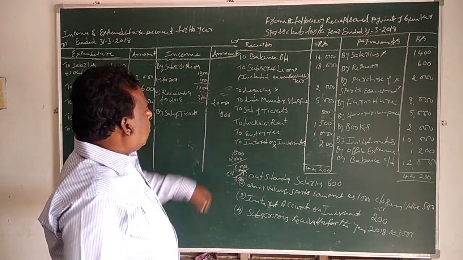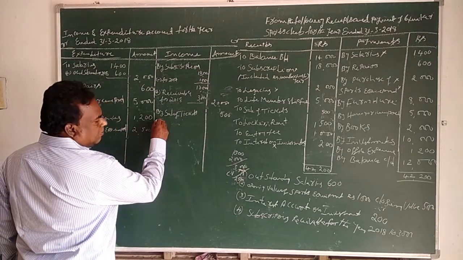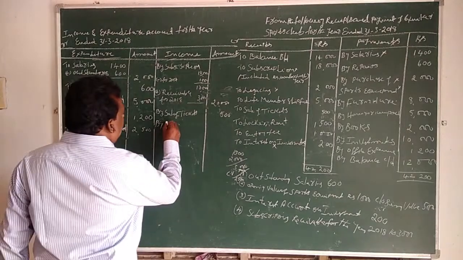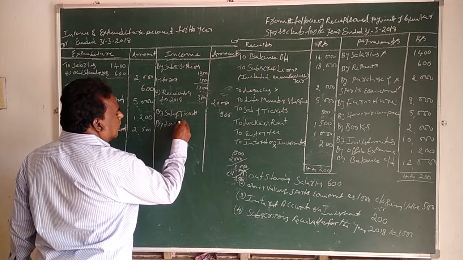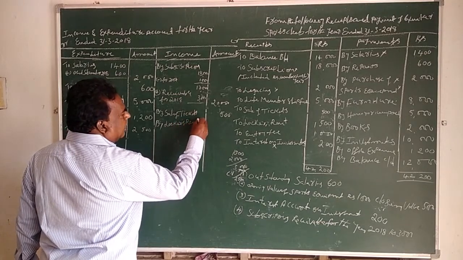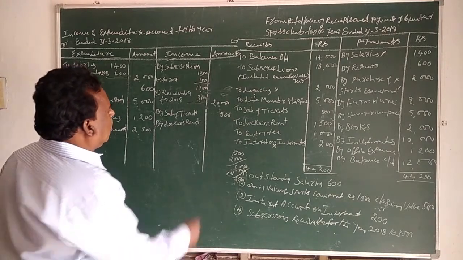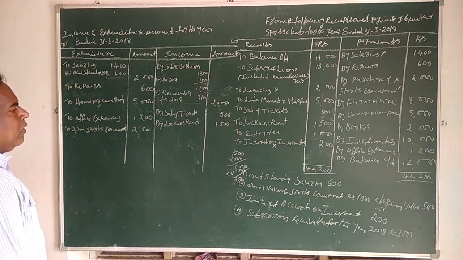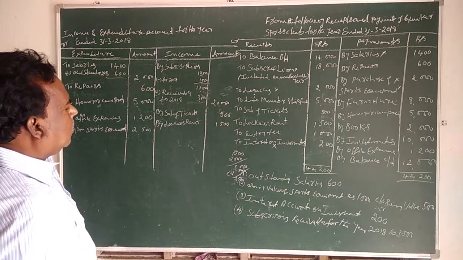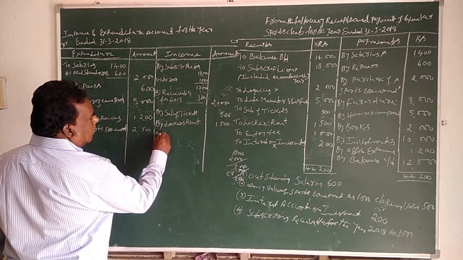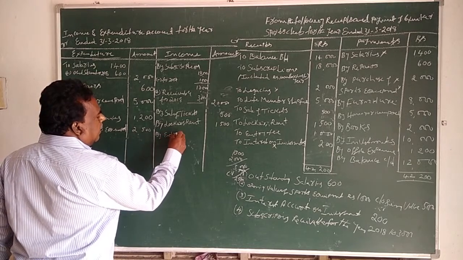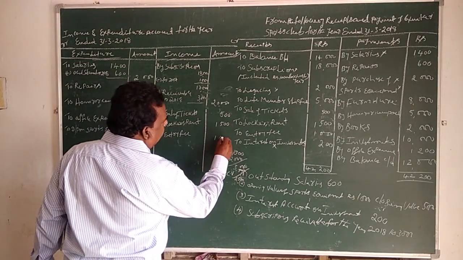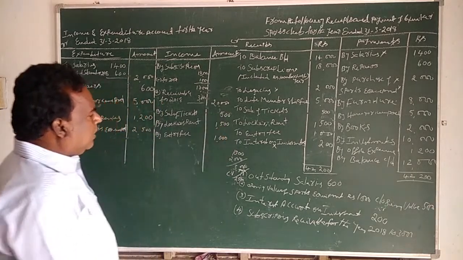Next, by lockers rent 1,500. Next, by entry fee 1,000.